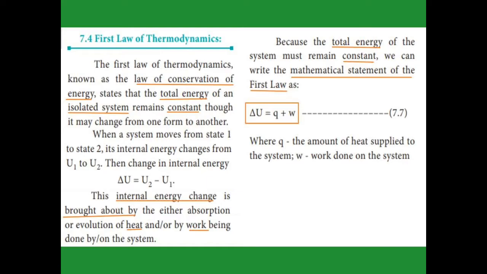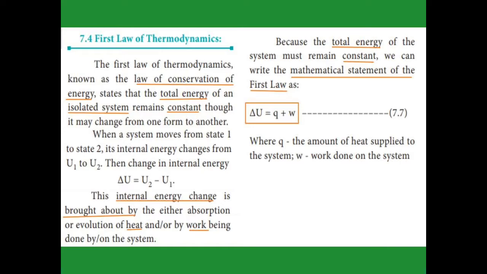Then the internal energy changes based on heat absorption or heat evolution, work done on the system or work done by the system. So based on these two, heat and work, the internal energy change is calculated. Then the total energy remains constant means the mathematical statement of the first law: delta U is equal to Q plus W. Q is a positive quantity when heat is supplied to the system, that is, heat is absorbed by the system.